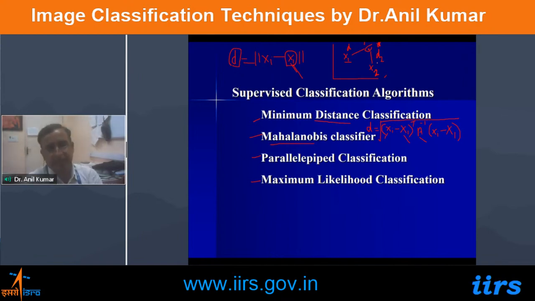In a single iteration, we can label all the pixels because we have training data, and we can calculate here the mean as well as the variance covariance matrix when we are using this distance. In this distance, we require the mean and variance covariance matrix to be calculated. Plus, since we have training data, with the training data we have the label of the class.